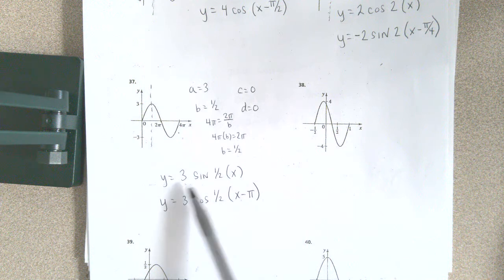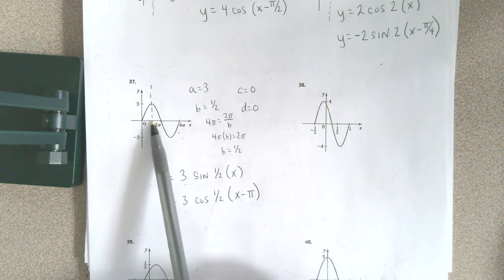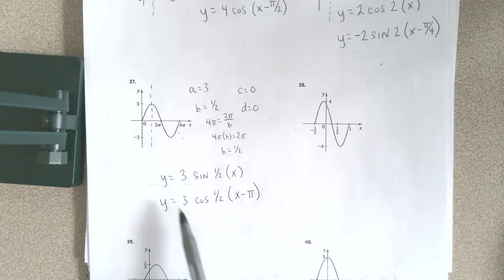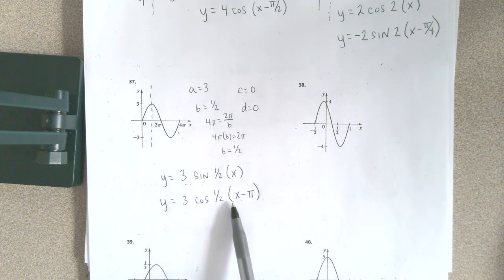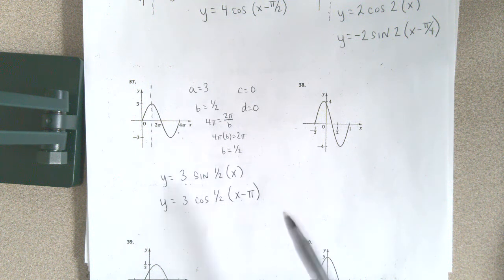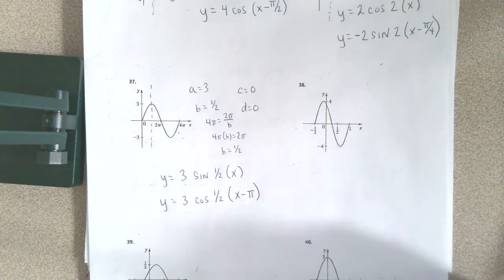So I get y equals 3 sine of 1/2 x. Notice for the cosine curve, I'm actually shifting over here to pi. So that's going to change my cosine equation to y equals 3 cosine of 1/2 times x minus pi. Again, no vertical shift, just a horizontal shift there.